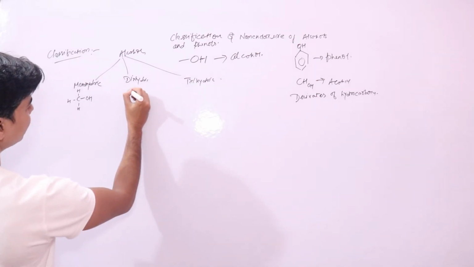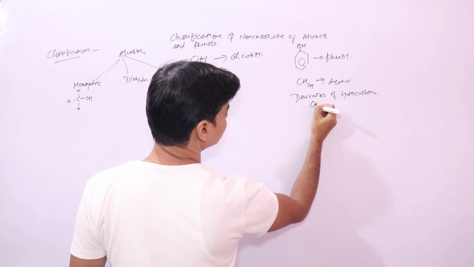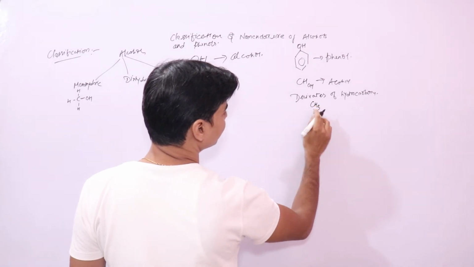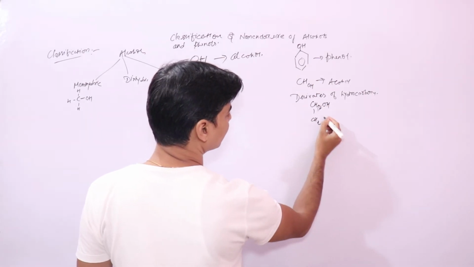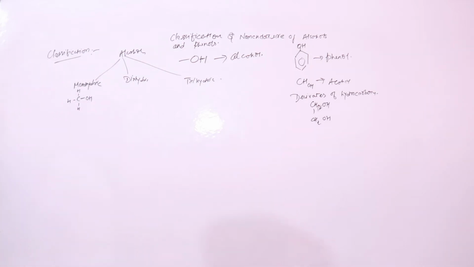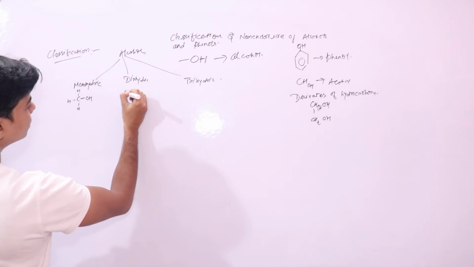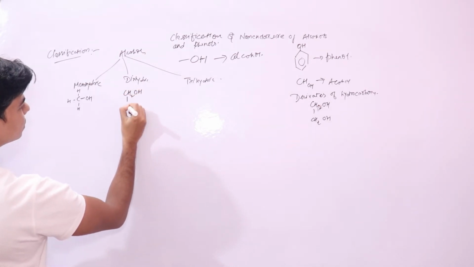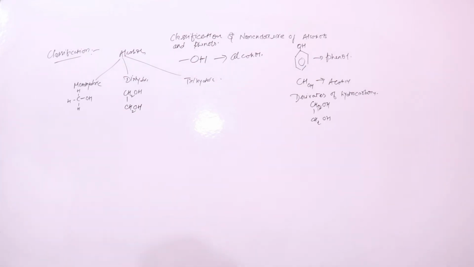Say I have ethane, and if I replace one hydrogen atom here with OH and another hydrogen atom on the other carbon with OH, what I get is a dihydric alcohol because we have two OH groups. So CH2OH, CH2OH. This is your dihydric alcohol.